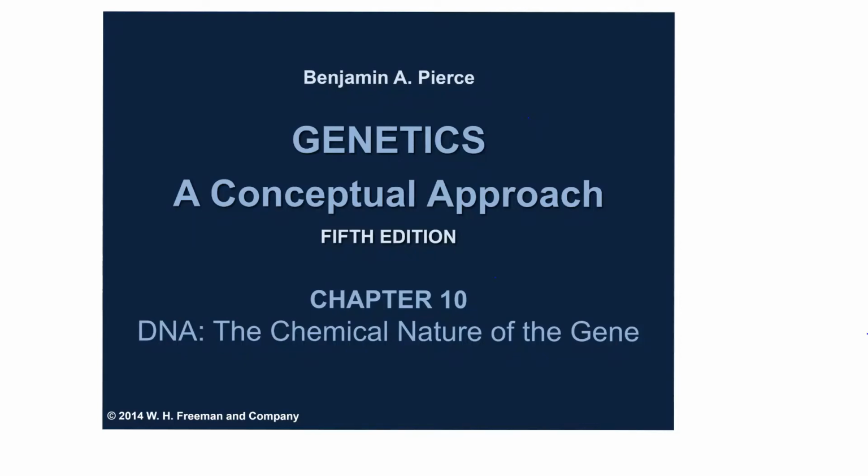Chapter 10 focuses on DNA as the chemical nature of the genes. So we will first discuss very briefly the history of study of DNA, how DNA has been identified as the source of genetic information. Afterwards, we will talk about DNA structure and discuss the relationship between the structure and the function of DNA.